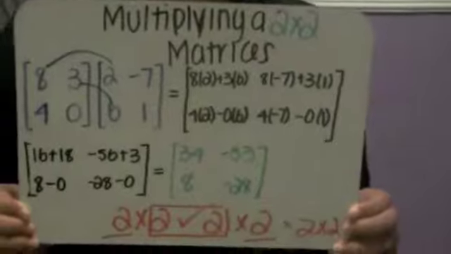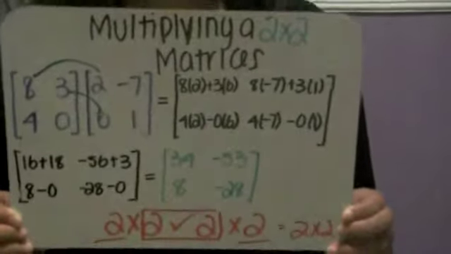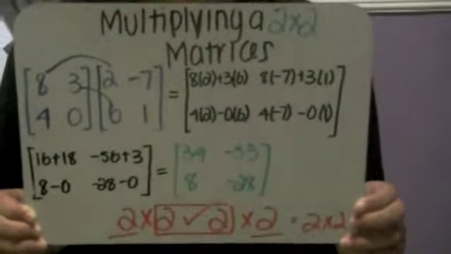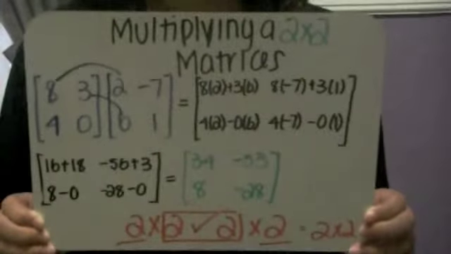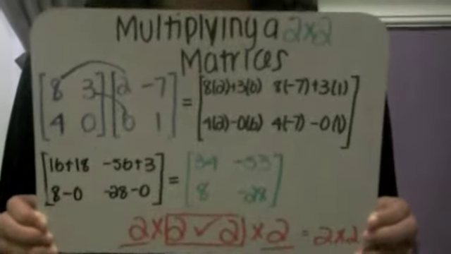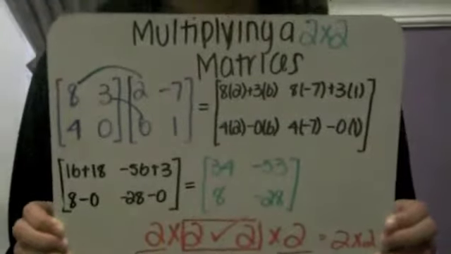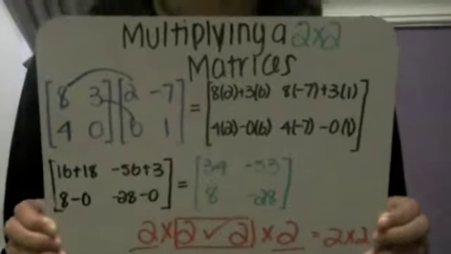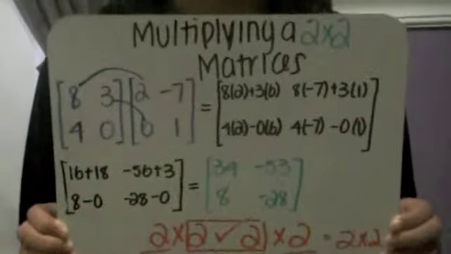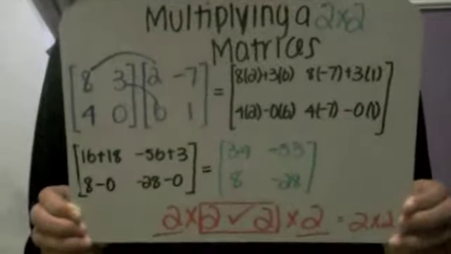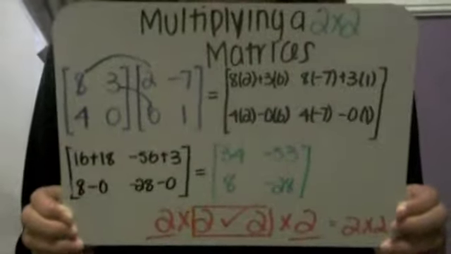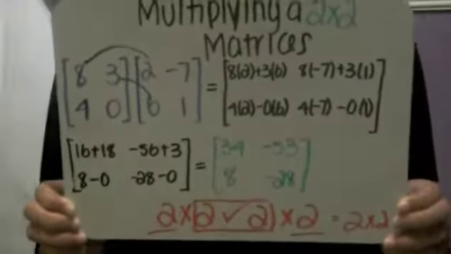Then you move on to the next column, which will give you 8 times negative 7, which is negative 56, 3 times 1, which is 3. You move on to the next row. 4 times 2 equals 8, 0 times 6 equals 0. 4 times negative 7 equals negative 28, and 0 times 1 equals 0.